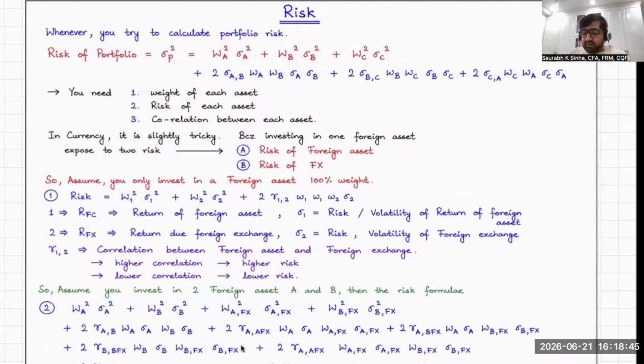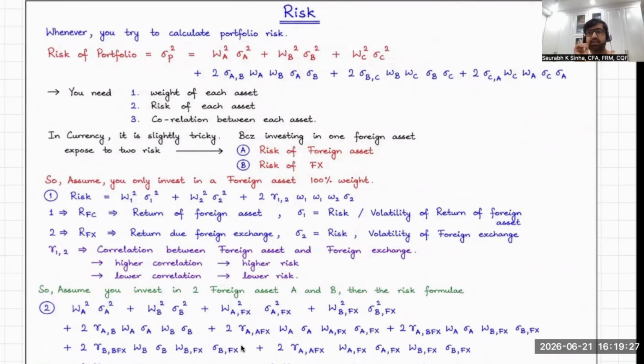One is the risk of the foreign asset, and another is the risk of the foreign exchange, the volatility of the FX rates, USD versus INR, USD versus EUR. The volatility due to the exchange rate. So how to deal with it?